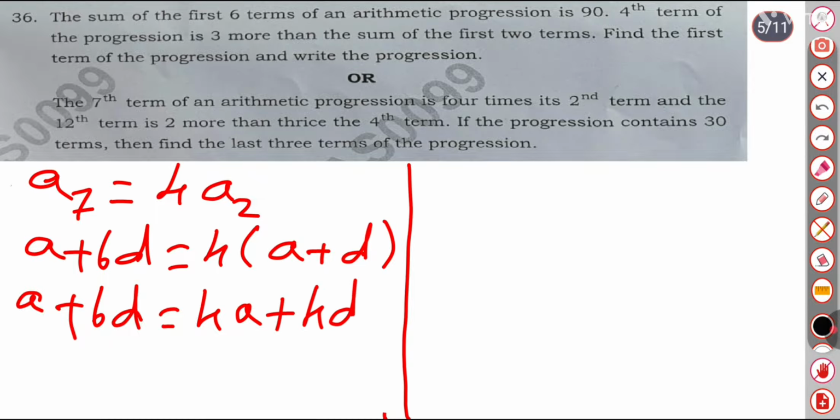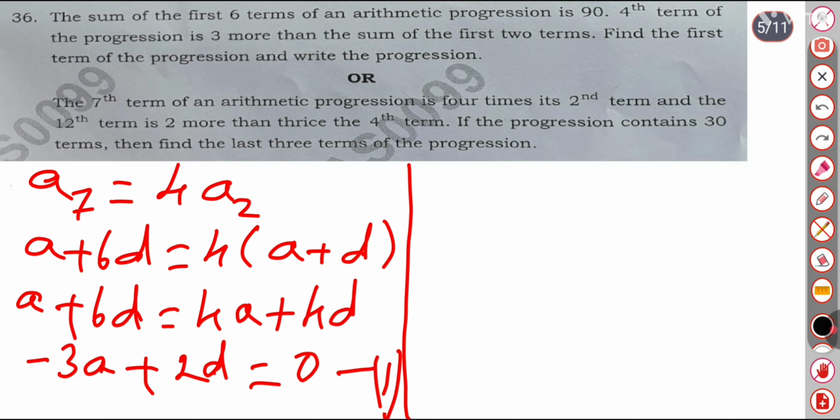If we bring everything to LHS, what happens? A minus 4A is minus 3A, 6D minus 4D is plus 2D, is equal to 0. That is equation number 1.